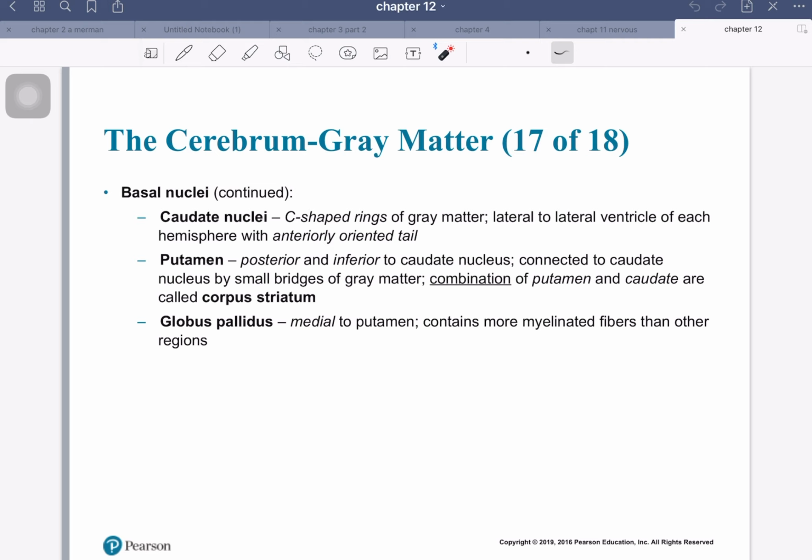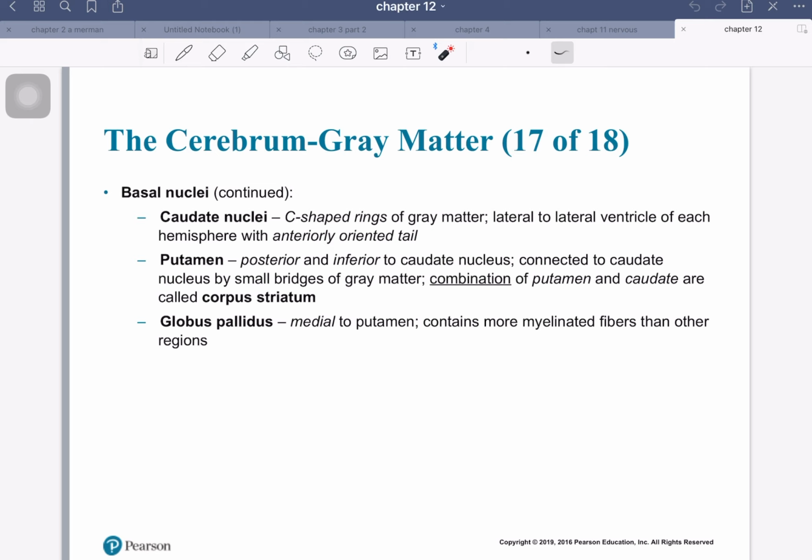Now, you really have to spend some time looking at the diagrams in your book, and I also posted 2 videos on 3D anatomy of the brain. They do a great job of showing you the relationship in 3 dimensions, so make sure you watch that video and get a really good understanding of their location to each other.